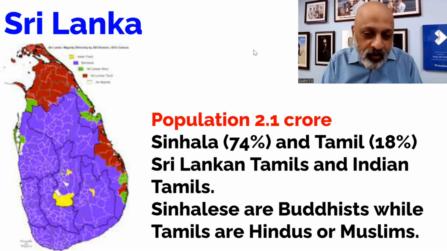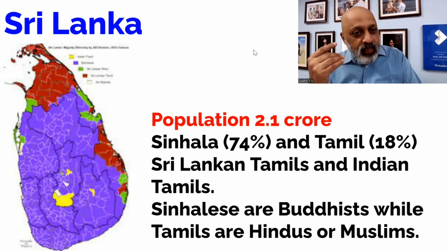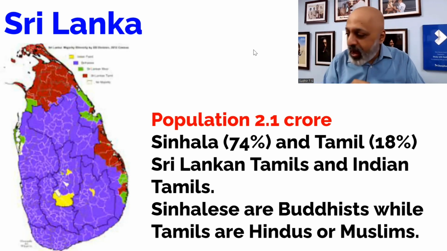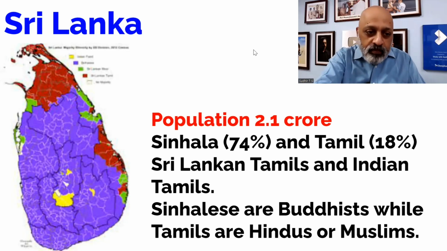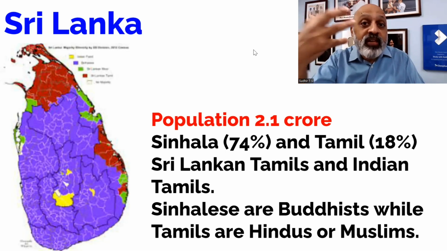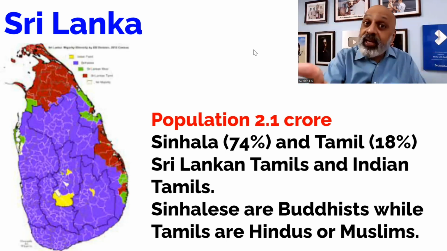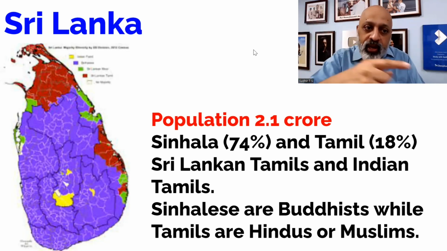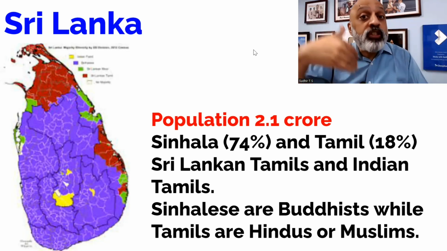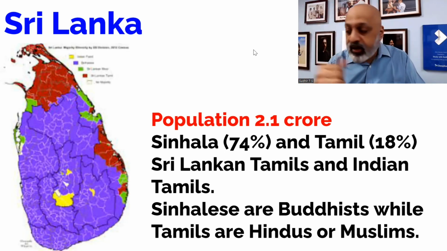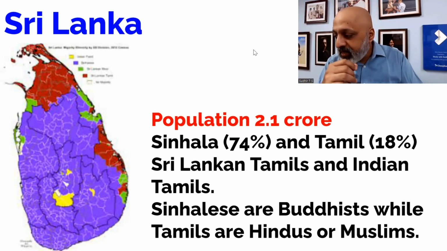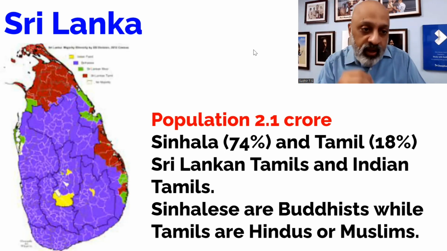Now the interesting thing, if you see the map of Sri Lanka, the middle portion, the violet or the bluish portion is where the Sri Lankan Sinhalese population is concentrated. So you can see they're clearly in a majority. The red part that you see towards the northern part where Jaffna kind of cities are there, that is the Sri Lankan Tamil area.